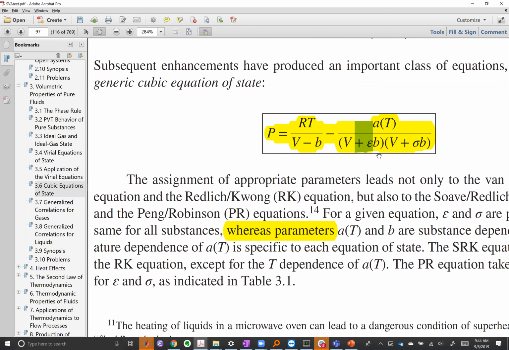So they're corrected by another multiple of b. So the sigma and the epsilon terms are equation of state dependent. And the interaction parameter, the A term, that's also very equation of state dependent. So the acentric factor is going to appear in that A term if it's being used.